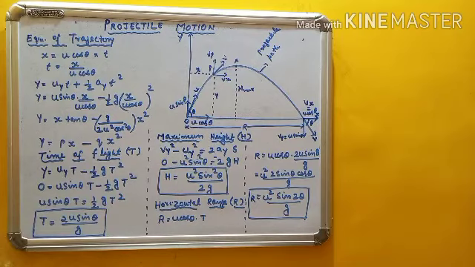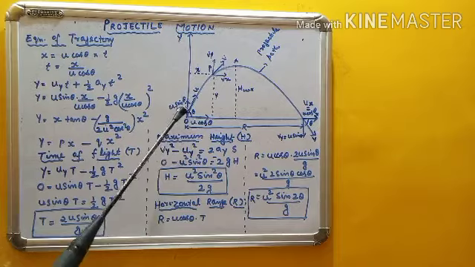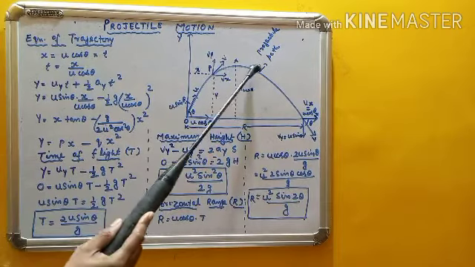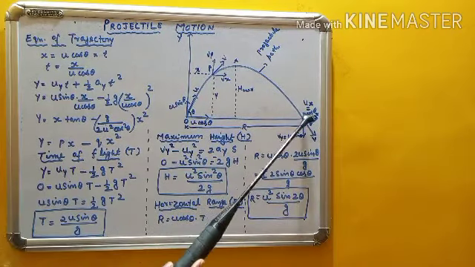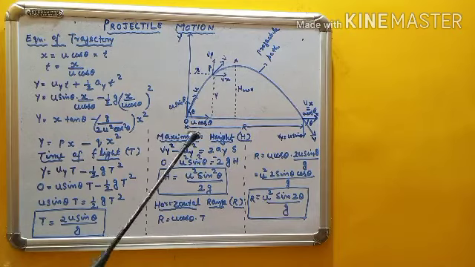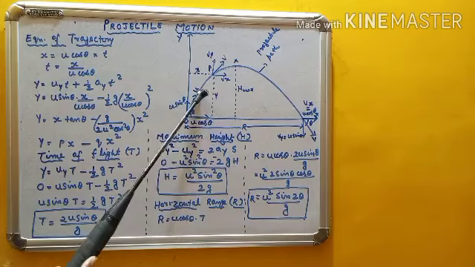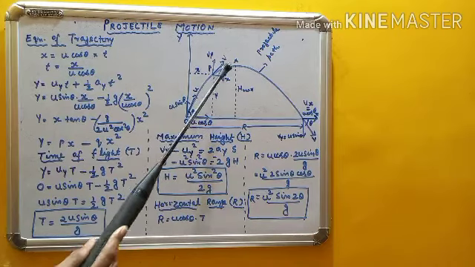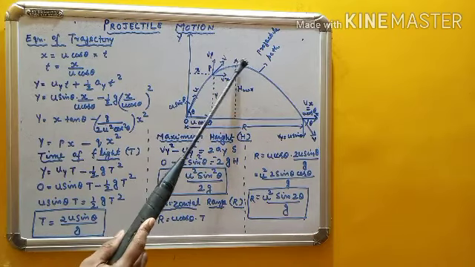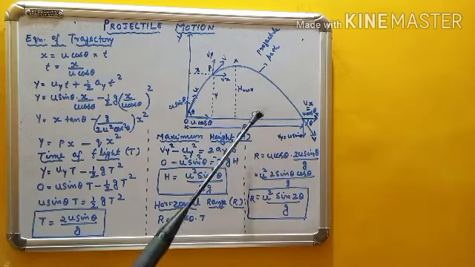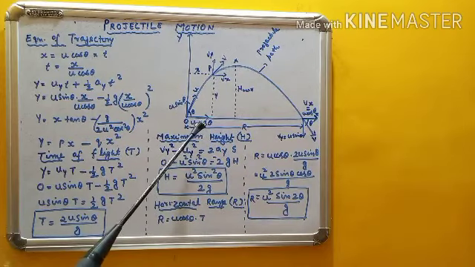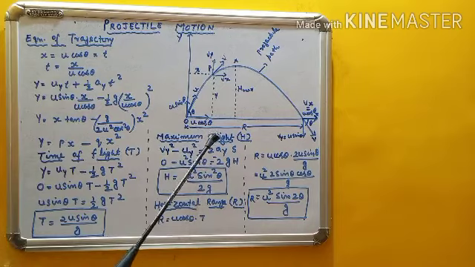At every point the body has its own horizontal and vertical components of velocity. The horizontal component is u cos theta here, here also, and here also. At each and every point it remains the same, because there is no acceleration along the horizontal direction. The only acceleration acting on the body is along the vertical direction.